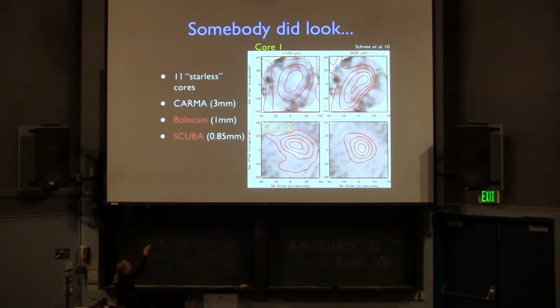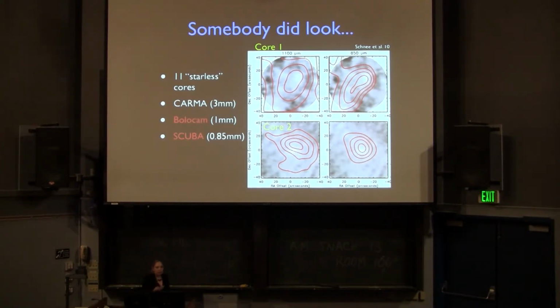Scott Schnee looked at 11 starless cores with KARMA, and he also had lower resolution images in Bolocam and Scuba, so that's in red. So what he found is that at lower resolution, some of these images look like they have structure. They're elongated. They look like they might have some fragmentation or something going on.